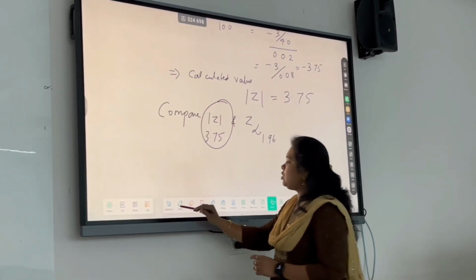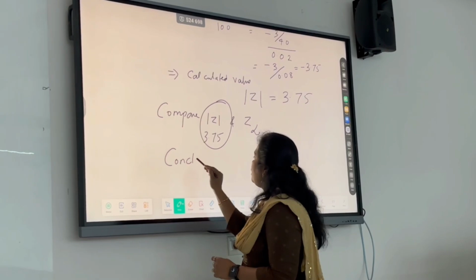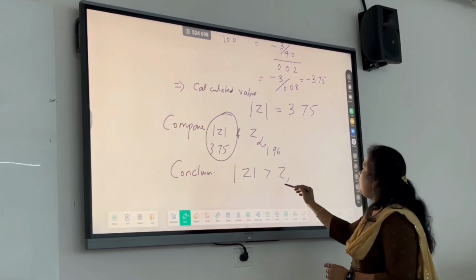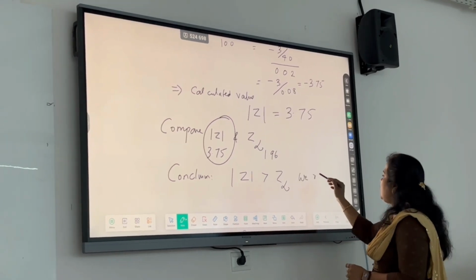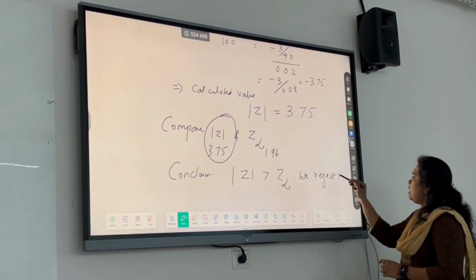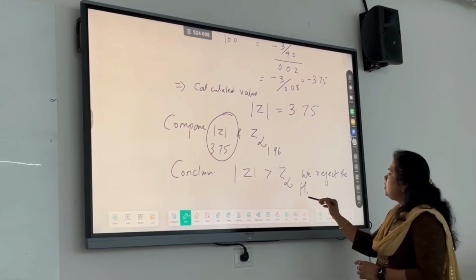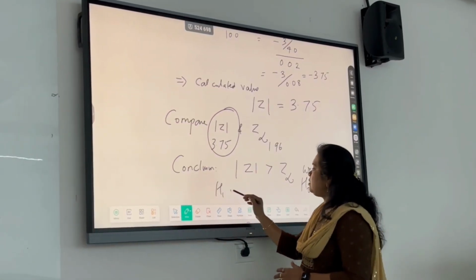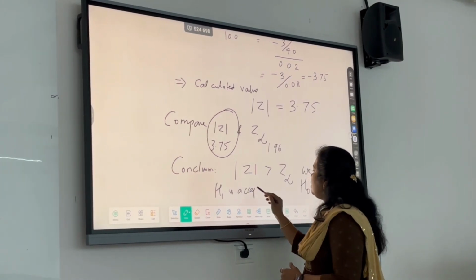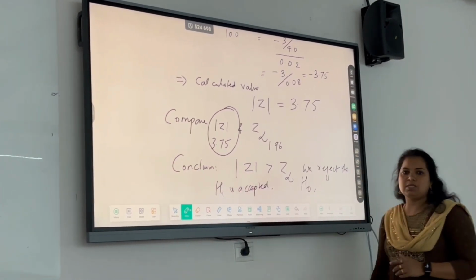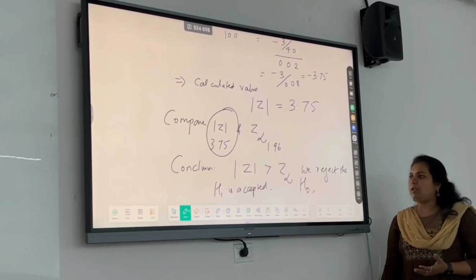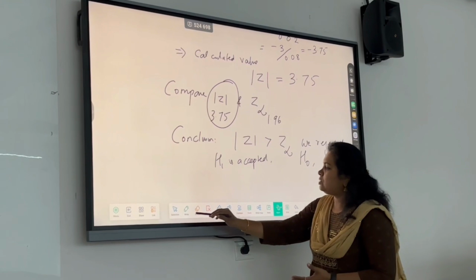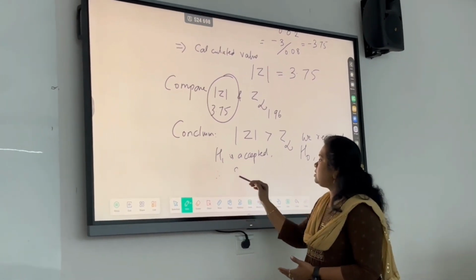So we give the conclusion: mod z is greater than z alpha, so we reject the hypothesis H naught. If we reject H naught, then H1 is accepted. So the hypothesis that 20% was not wrong is found to be wrong. So the solution is complete.